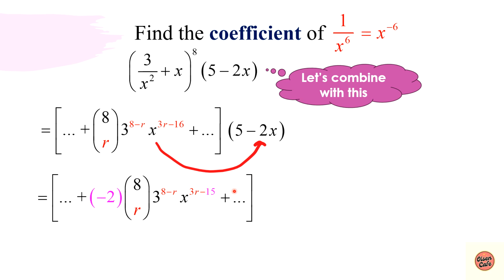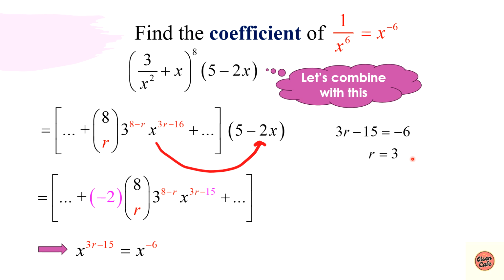So this will help us to find the value of r. Therefore, I can solve for r, which is equal to 3. Simply I equate the index and then I move minus 15 to the right, and I just solve this simple equation. I will get r is equal to 3.